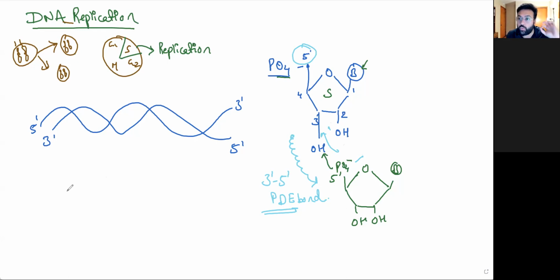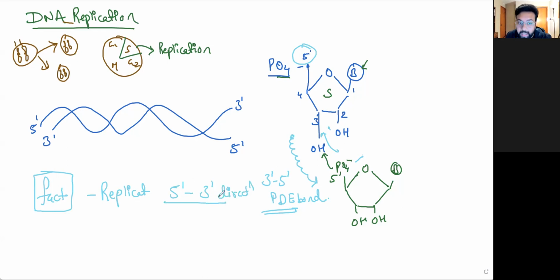I'm going to write this down, a very important thing, one fact about DNA replication: it is going to replicate in the 5 prime to 3 prime direction. Now if it's going to replicate in the 5 prime to 3 prime direction, in what direction does it have to read the parent strand? What's your answer?